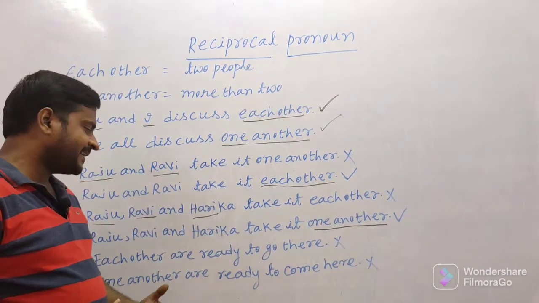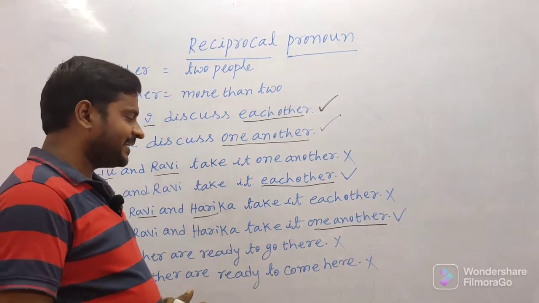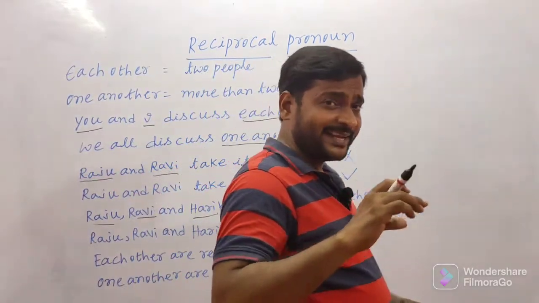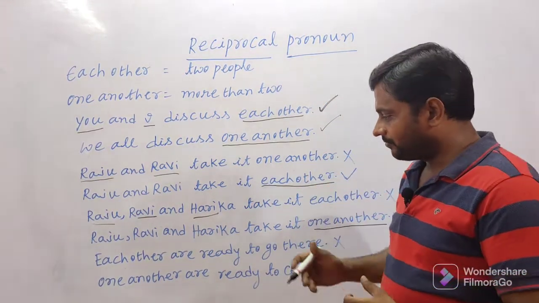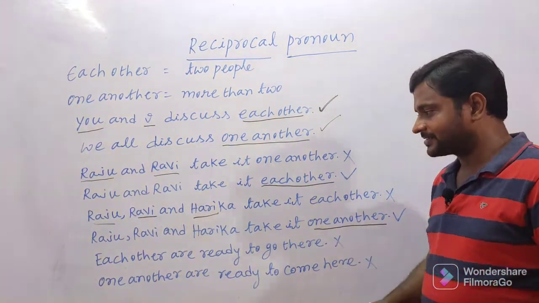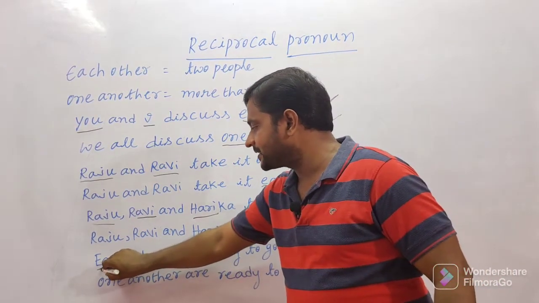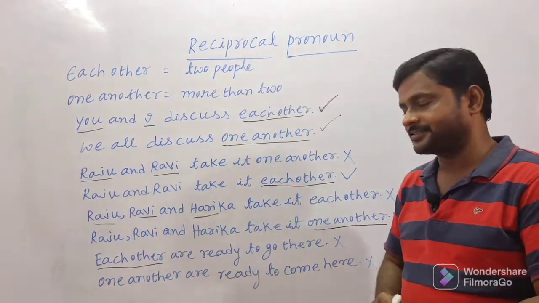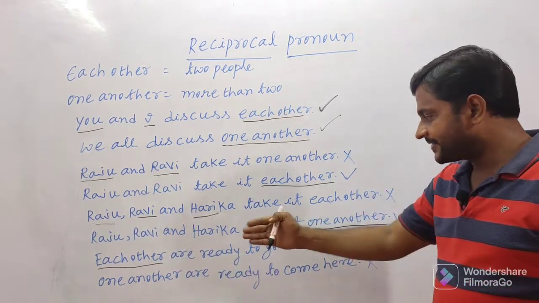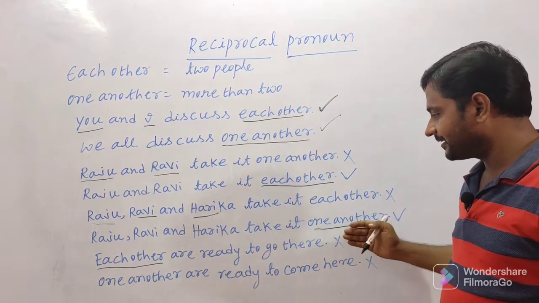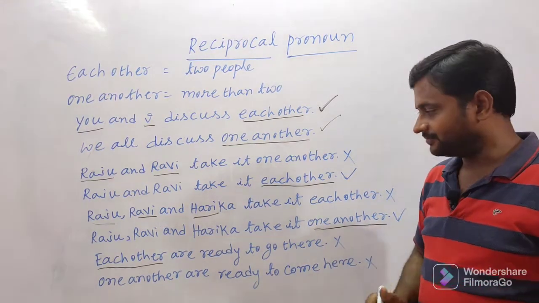Next one. Each other are ready to go there. When you see this example, each other is used in the subjective case. Each other are ready to go there is a wrong expression.